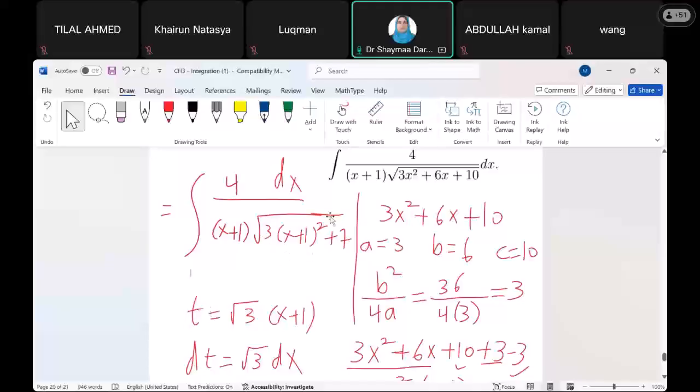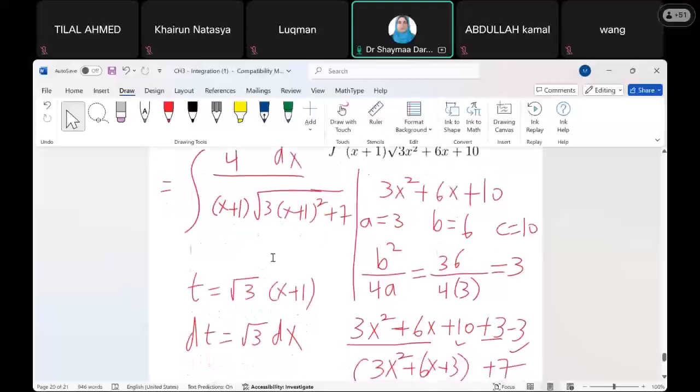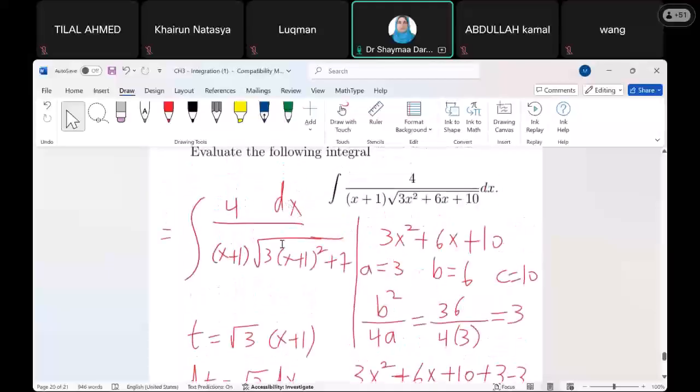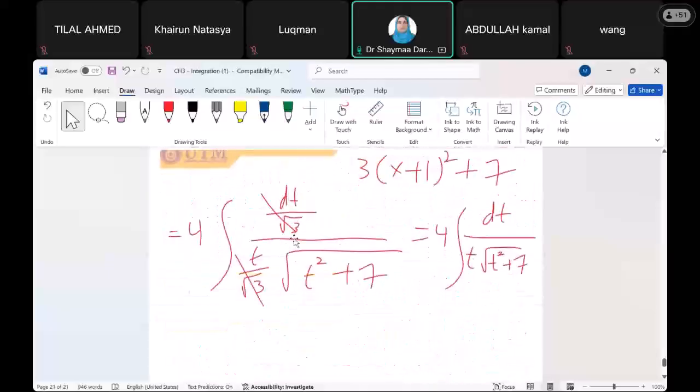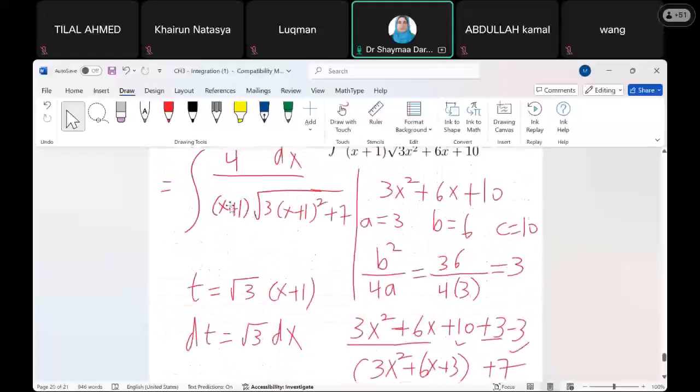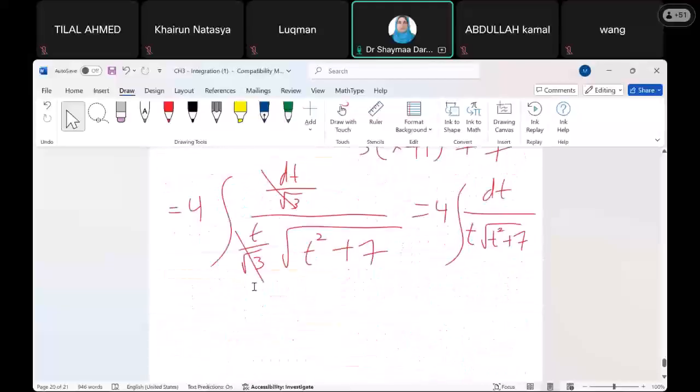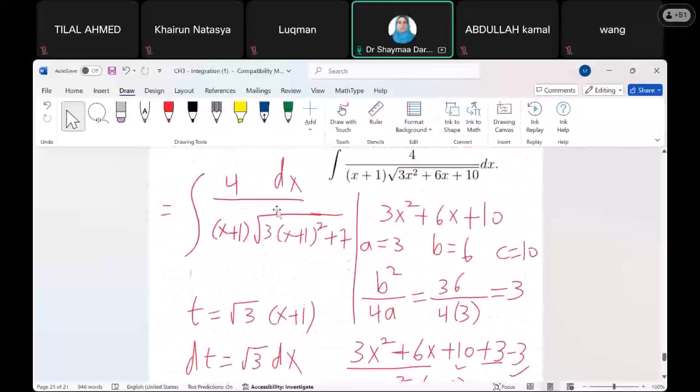I need to replace all this part by t squared, so t should be square root of 3 times (x plus 1). This is my substitution. Find the derivative: dt equals square root of 3 dx, so dx is replaced by dt over square root of 3. X plus 1 is replaced by t over square root of 3, and 3(x plus 1) squared plus 7 becomes t squared plus 7.